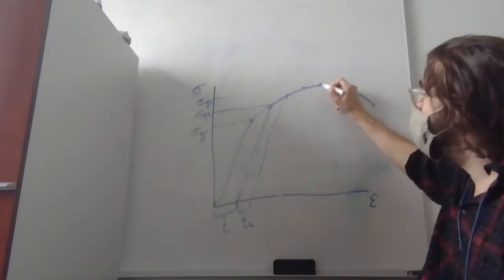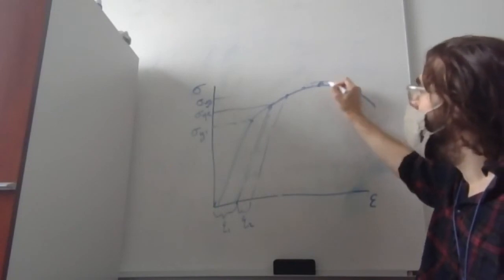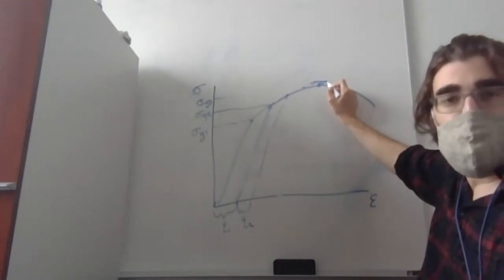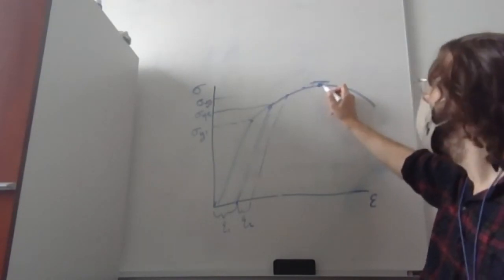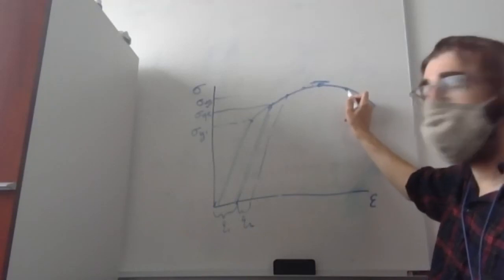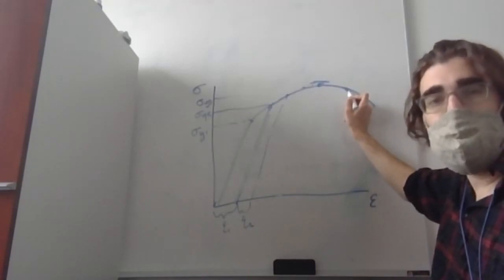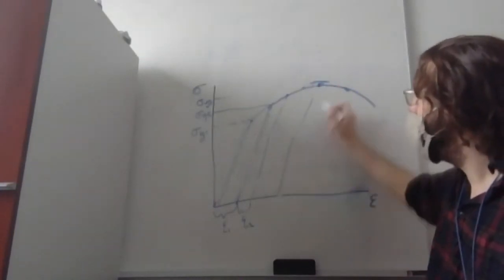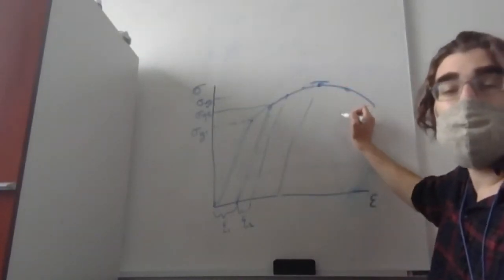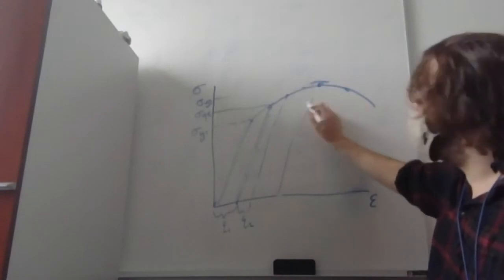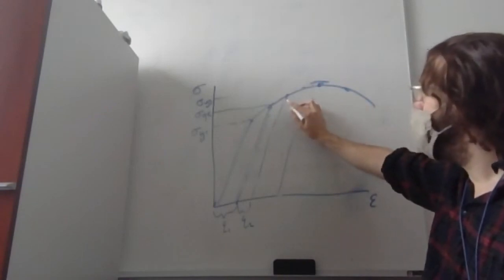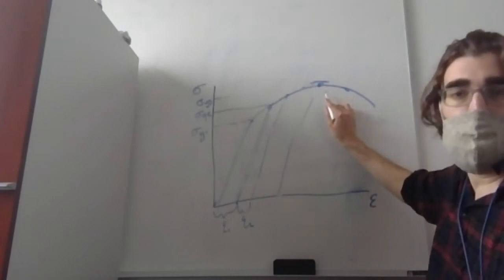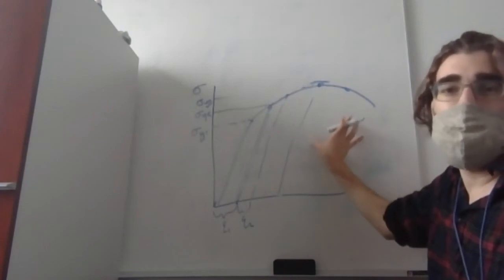But eventually we'll get to this point here where we've strained the material too much, right? And now if we continue to strain, our yield point actually decreases, right? That's kind of bad because now we're closer to breaking. Every time we introduce plastic deformation in this way, we're making our remaining plastic deformation smaller.